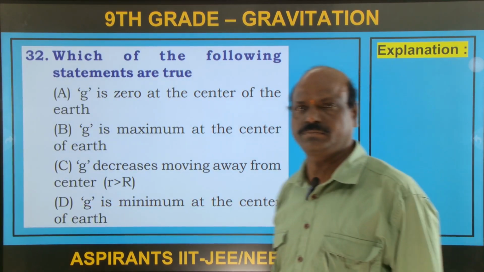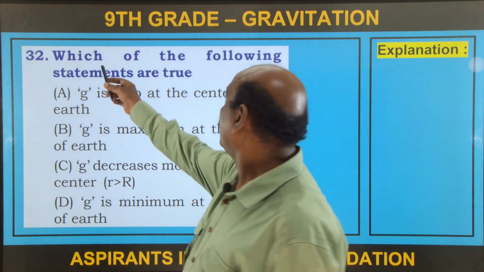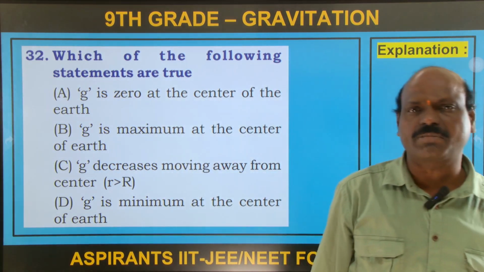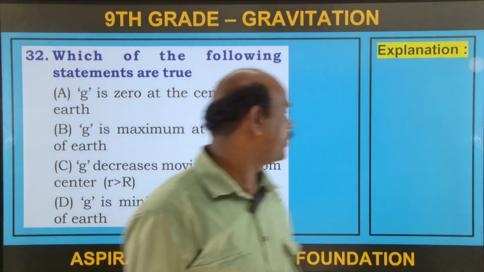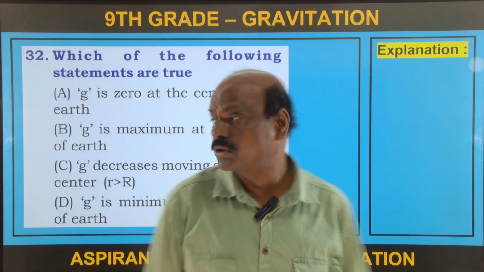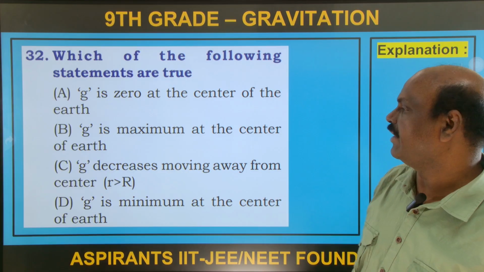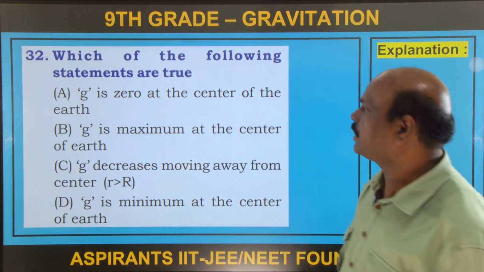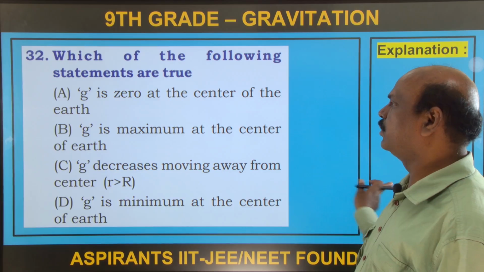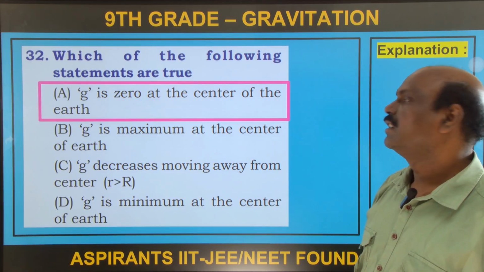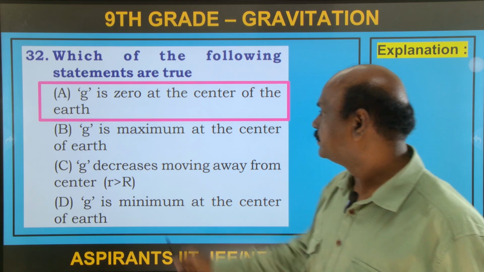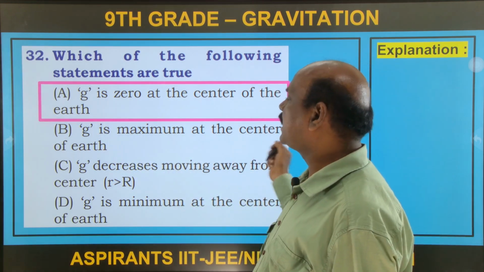Next, which of the following statements are true? Once again, he has given some statements and is asking which statements are true. These all are based on gravity, acceleration due to gravity. G is 0 at the center of the earth, which is true. So you can see that G is 0 at the center of the earth. Next, G is maximum at the center of the earth.